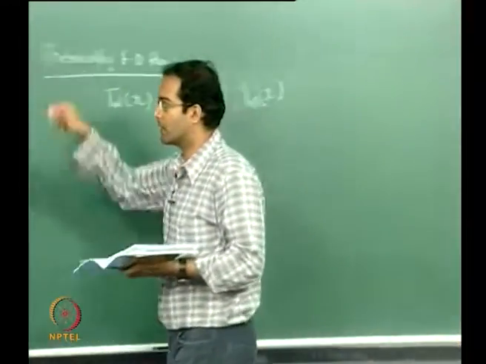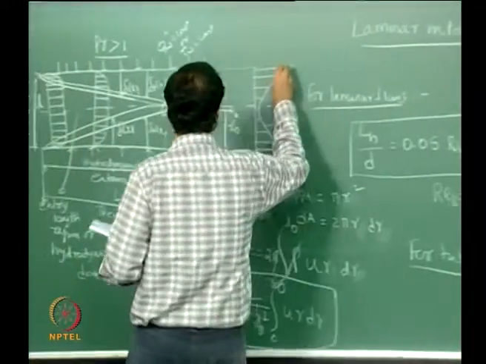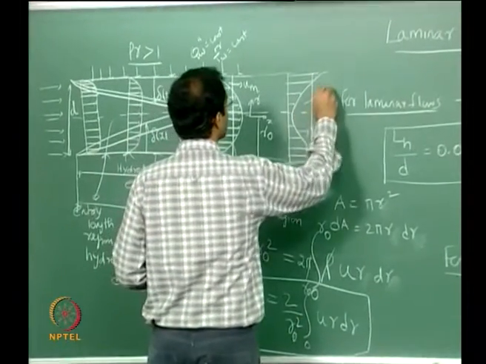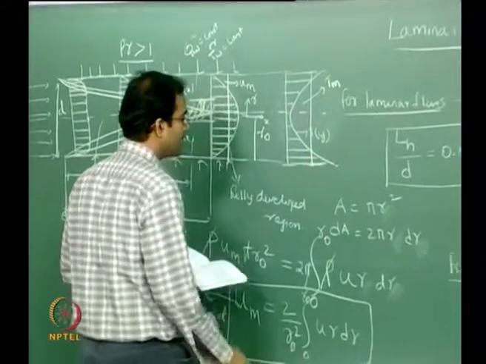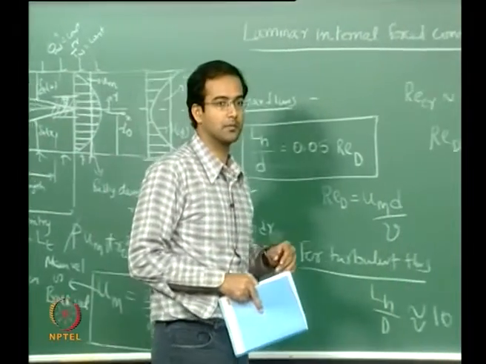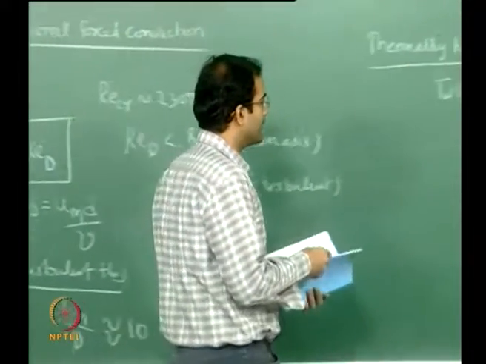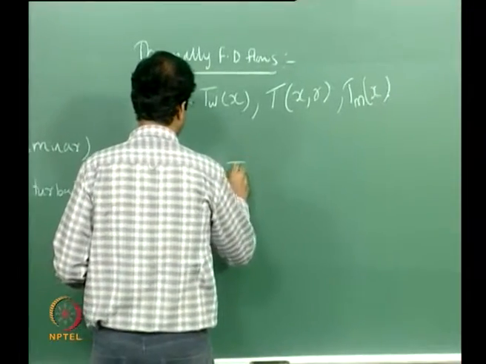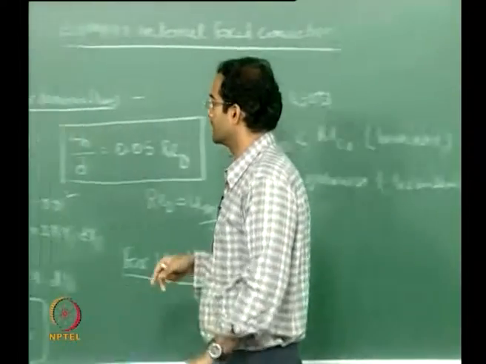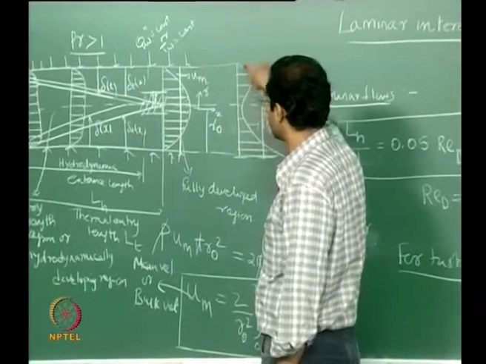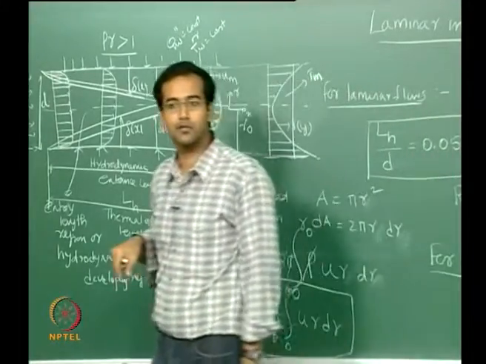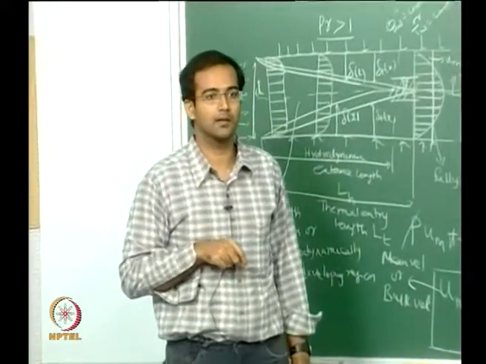So therefore it has to be constant, again something like this, right? So this should be my mean temperature. The same way I define my mean velocity based on the continuity principle, I have to define the mean temperature based on what? Energy conservation. So what I should say is that the enthalpy of this uniform temperature profile should be the same as the enthalpy of the actual profile that you are getting.